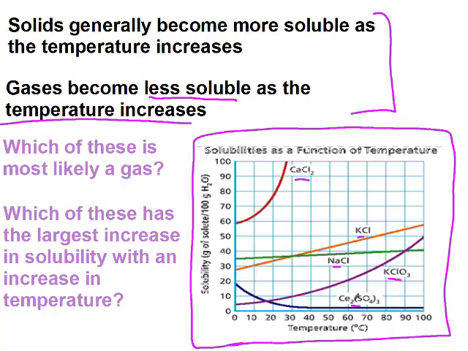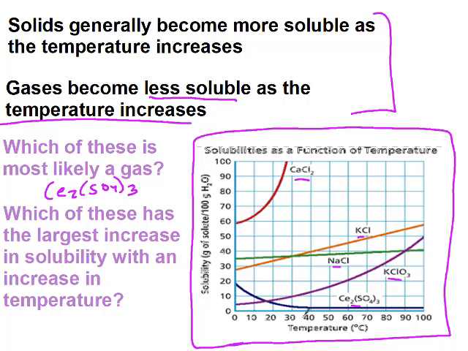As temperature increases, we see that Ce2(SO4)3 becomes less soluble. So if we had to make a prediction, we'd predict that one would probably be a gas. It might not be a gas. Some solids do become less soluble as temperature increases. But if one of these had to be a gas, we would predict that one to be.